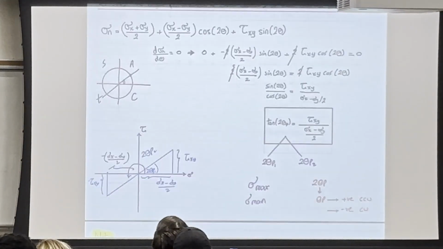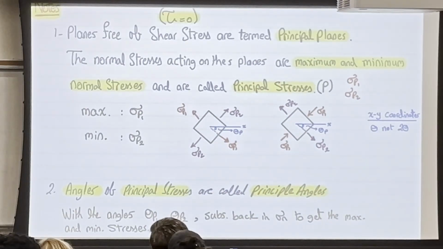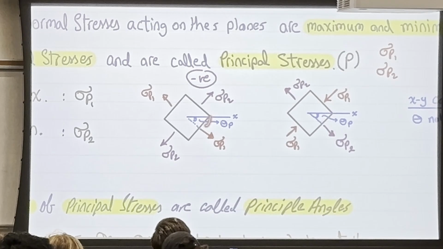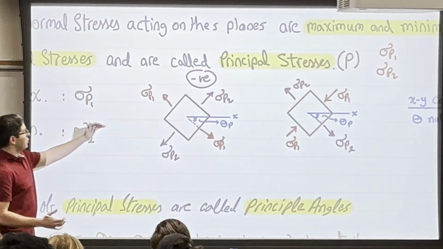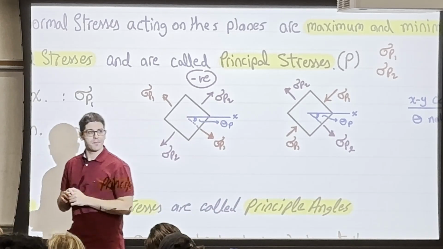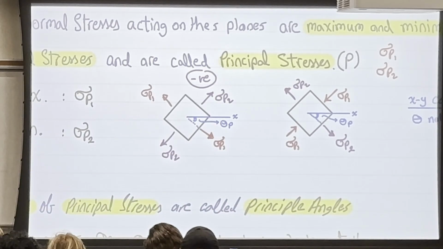Same rules apply here. So when you find the theta P1 or sigma P1 and sigma P2, if I got a negative angle, that means the element is gonna rotate clockwise. Okay? Did I lose anyone? Okay.